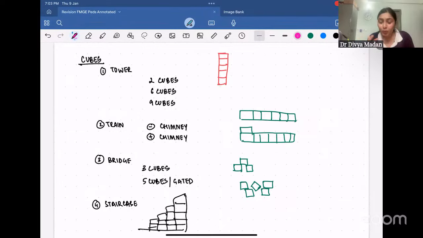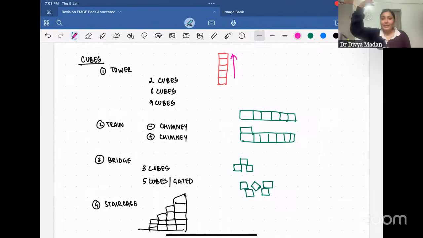So how I learn this is, I ask the child firstly to make a tower of these cubes. That means I will stack the cube one over the other and make a building, right? So initially I'll tell the child make a tower of 2 cubes, then make a tower of 6 cubes, then make a tower of 9 cubes. That means a 9-story tower is made now, right?